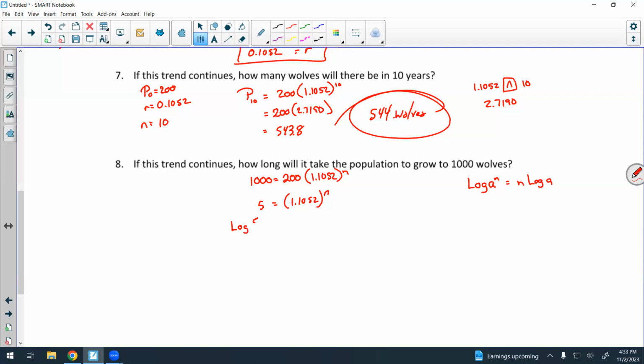So the log of 5 is equal to the log of 1.1052 to the n, and that is equal to n times the log of 1.1052. So dividing, I have the log of 5 divided by the log of 1.1052 equals n.